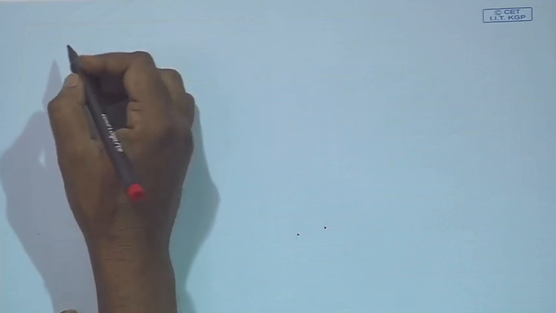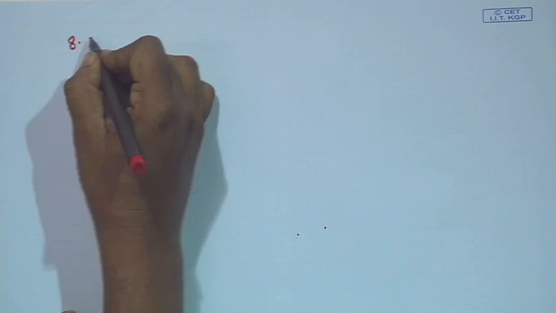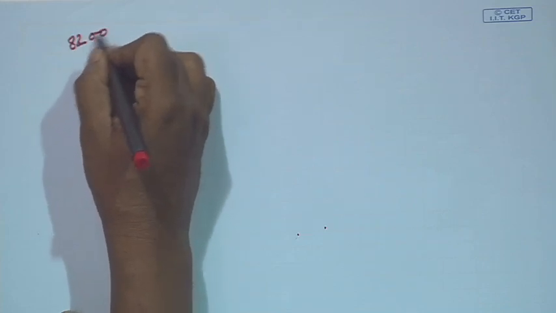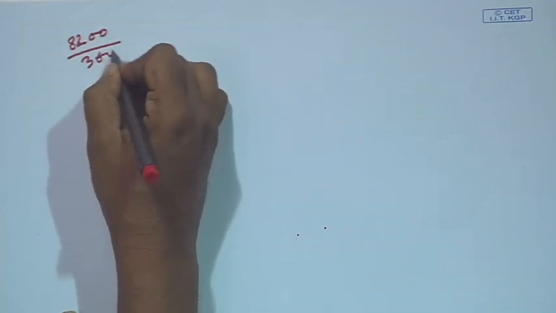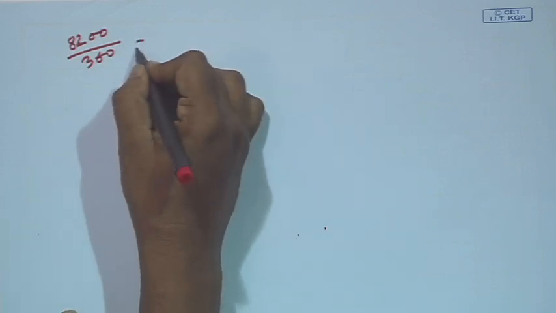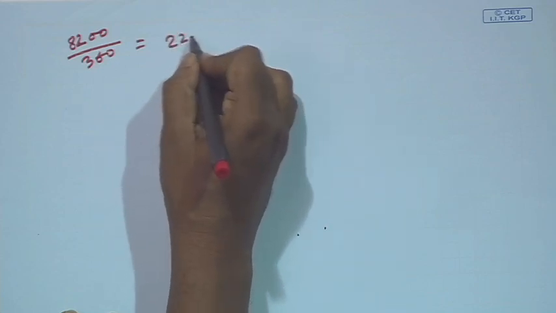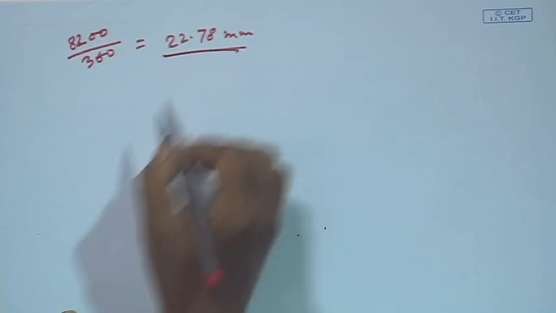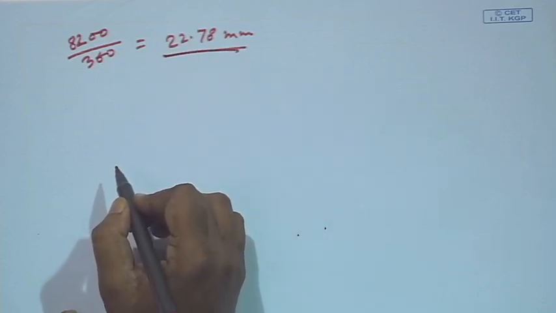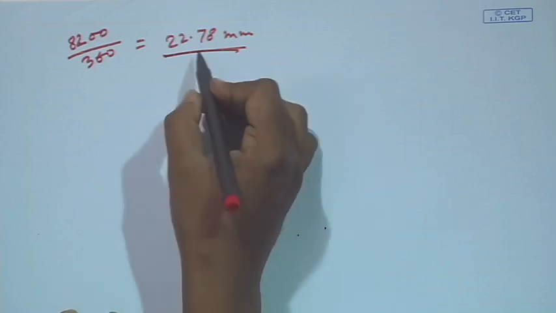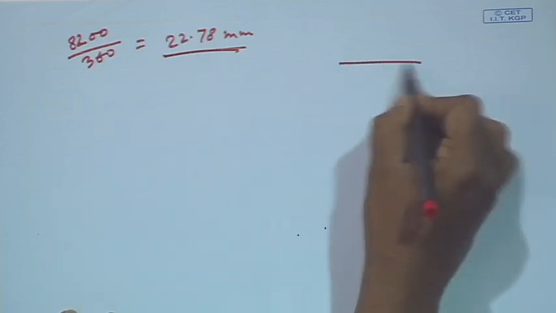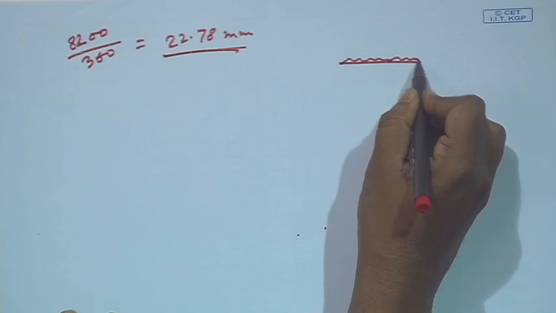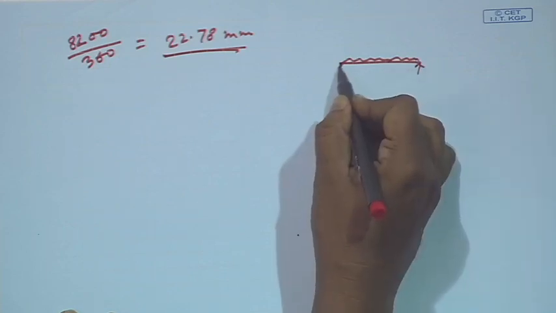So, maximum allowable deflection is the effective span 8200 by 360, that is 22.78 millimeter. So, this is the allowable deflection, and the maximum deflection on a member we can calculate.